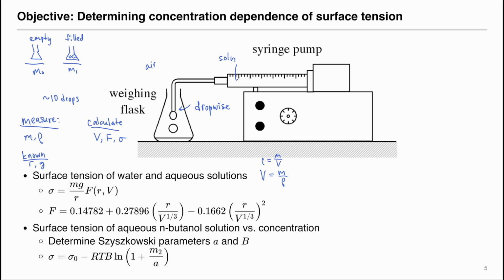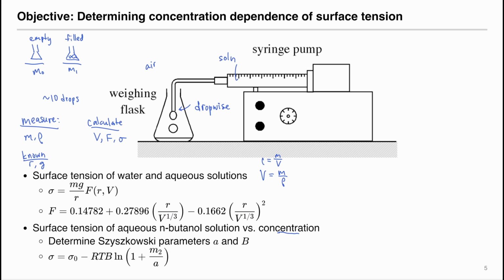After knowing how to determine the surface tension of a solution, we can extend it to different types of solutions. For example, we can look at solutions with various concentrations.